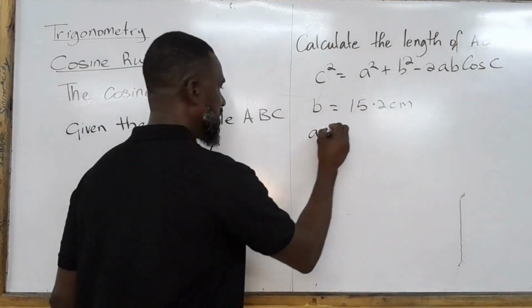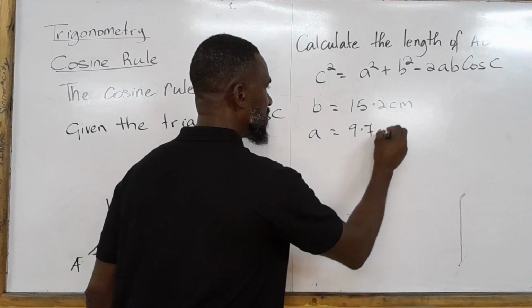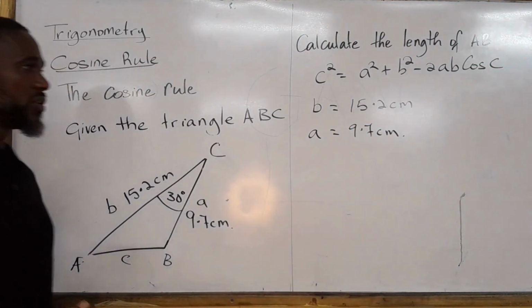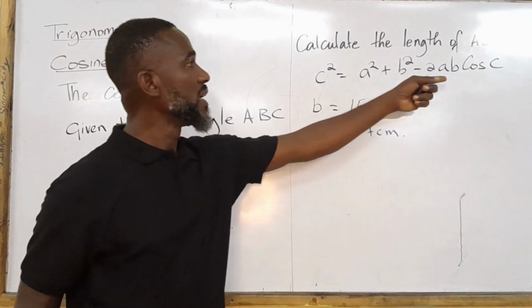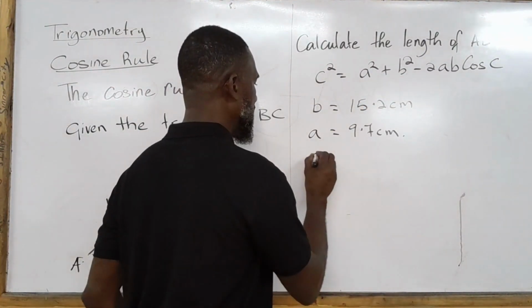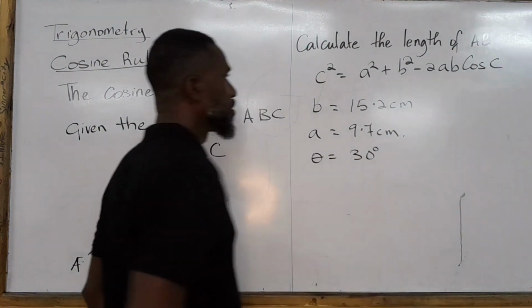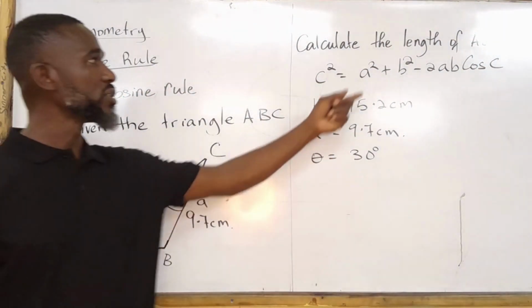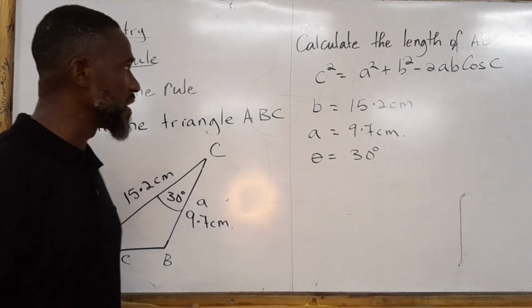Side A is equal to 9.7 centimeters. And angle theta is equal to 30 degrees. So now we are going to substitute these values into the equation.